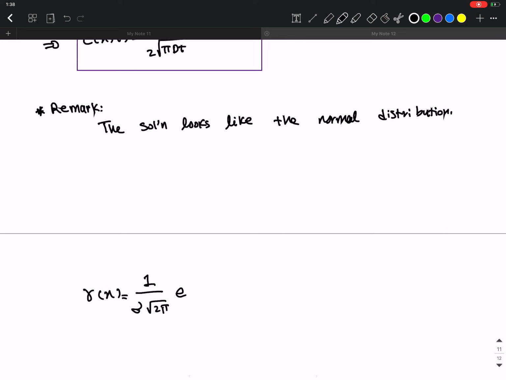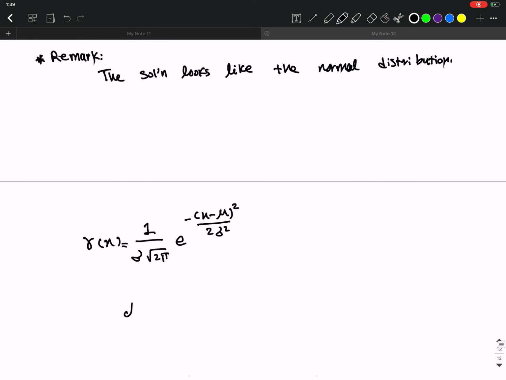E to the minus x minus mu square over 2 sigma square, right? And mu is your mean, and sigma square is the variance, right?